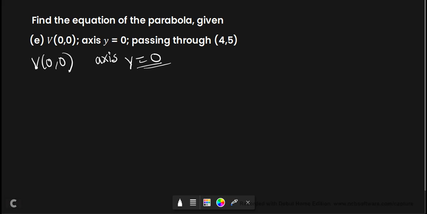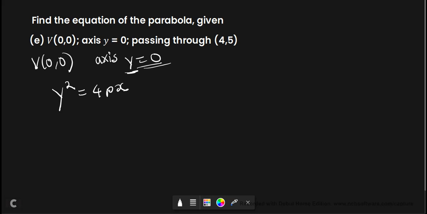So that means we have to start with y squared equal to 4px, because our axis is y. If our axis was x, we could have started with x squared, right? Since our axis here is y equal to 0, you have to start with y squared equal to 4px.